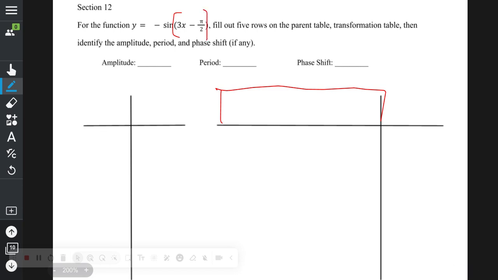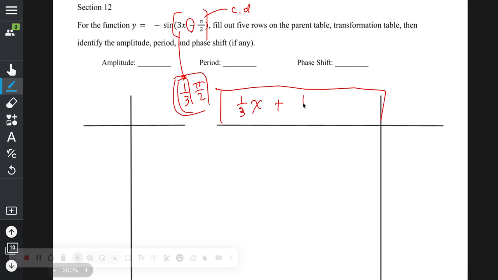The thing we remember is that since we're on the inside of the function, this 3, we take the reciprocal or the inverse of it and multiply that to the x. We change this to plus, and then we take the reciprocal of the frequency, or the b, and multiply that to whatever that is, c or d, whatever you want to call it.